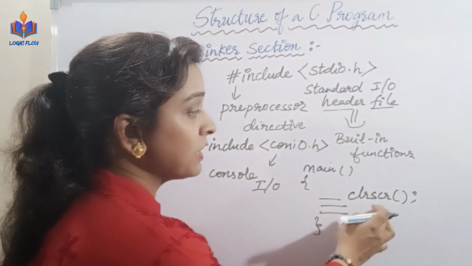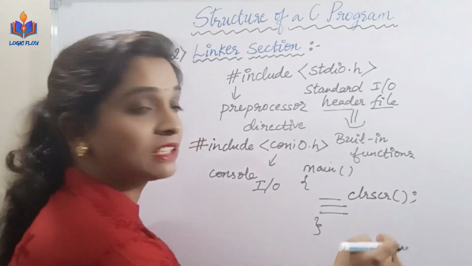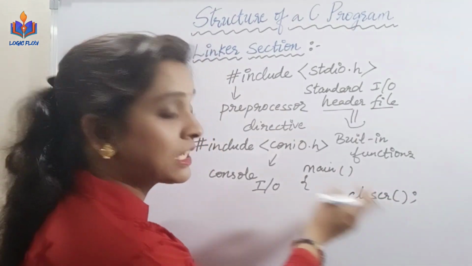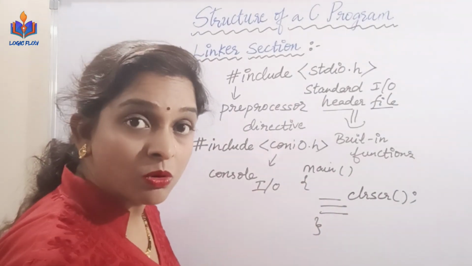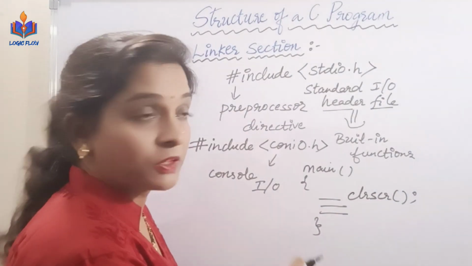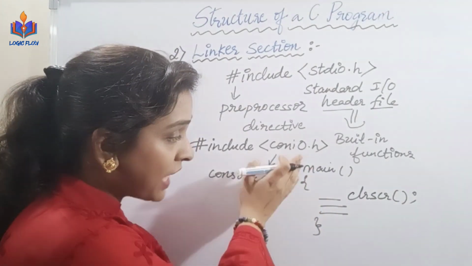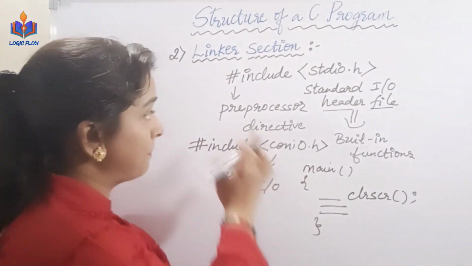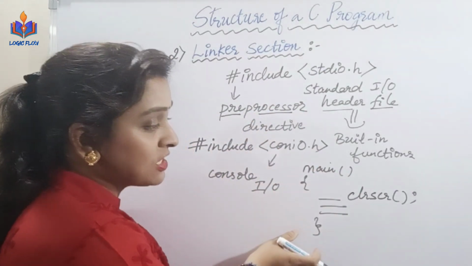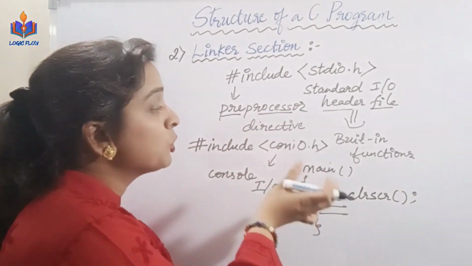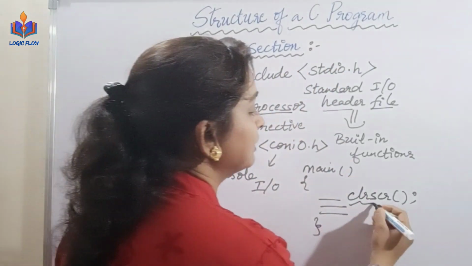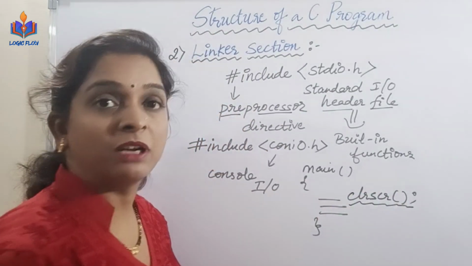When a statement has brackets like this, it means it is a function, and the semicolon says that I am calling that function. I am telling the compiler, you get the definition of this function. Before I process the actual statements of my main program, the preprocessor should include the header files so that it can get the definitions of these built-in functions.